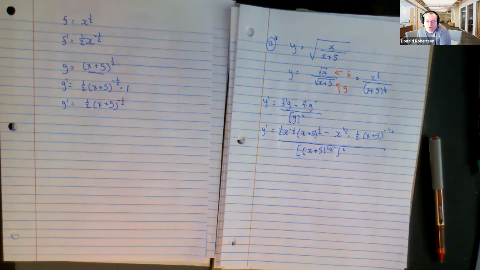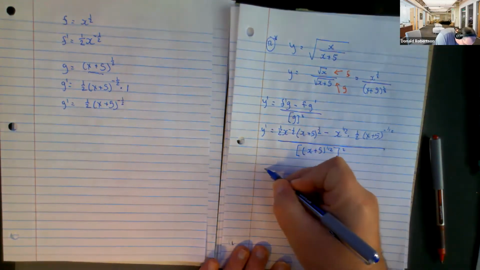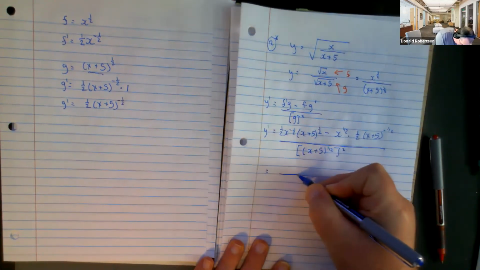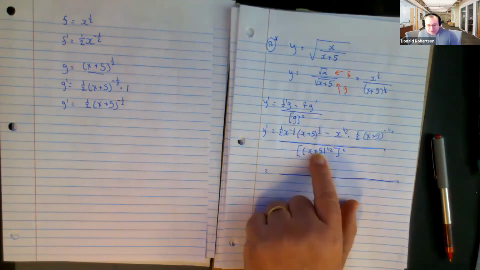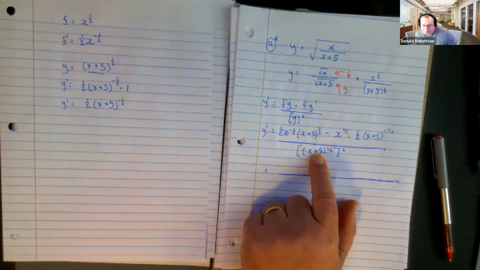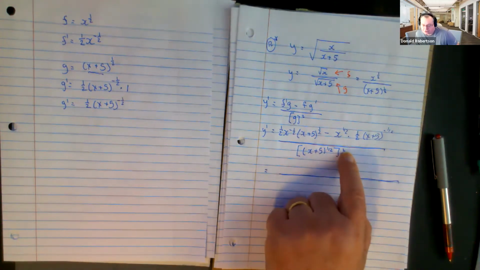Everything from this point onwards is style points, and it's algebra, which means we are going to make it look as pretty as possible. And we're going to start by looking for common factors on the top. And while I'm thinking about common factors, let's take care of this guy in the bottom. X plus 5 to the power 1/2 when you square it.